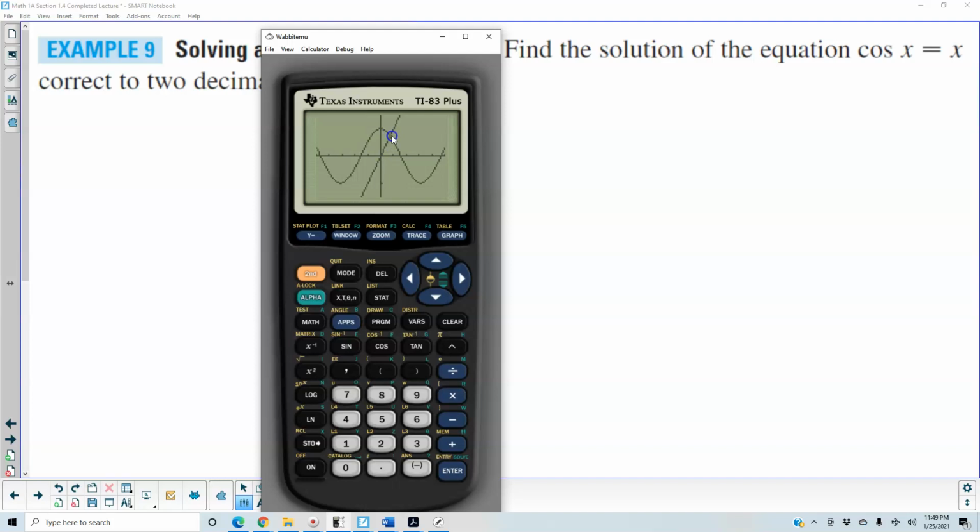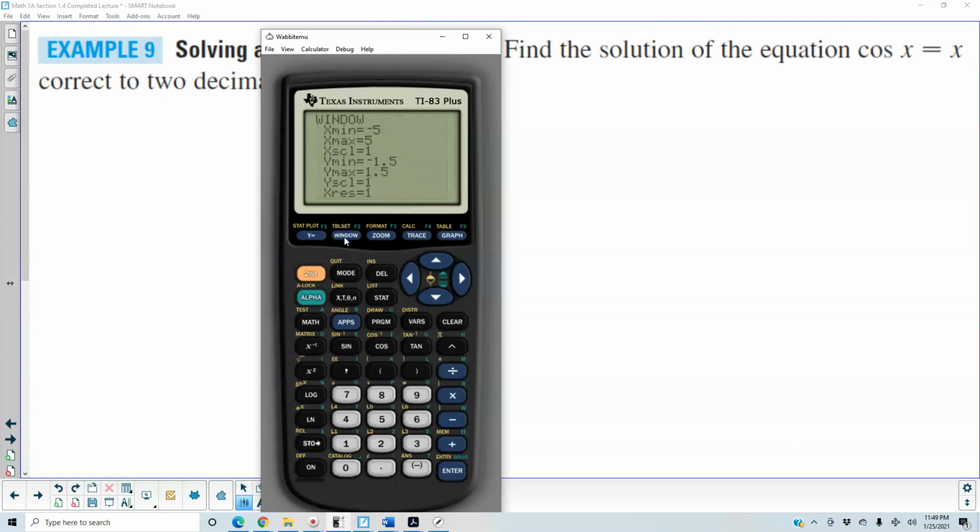If we want to figure out where it intersects, we can select trace, and then it gives this little cursor, and then you can either scroll left or right. If we go back, it kind of stops at that point. Looks like x is 0.74. Looks like y is 0.74.